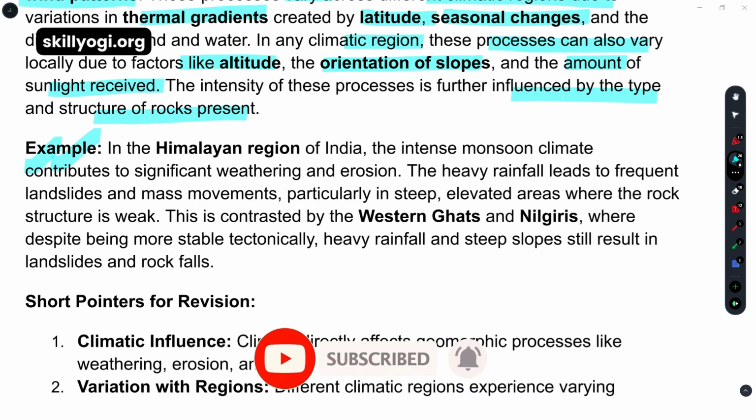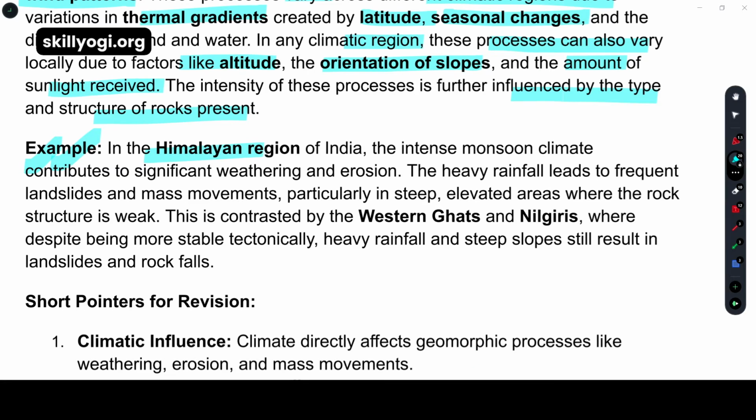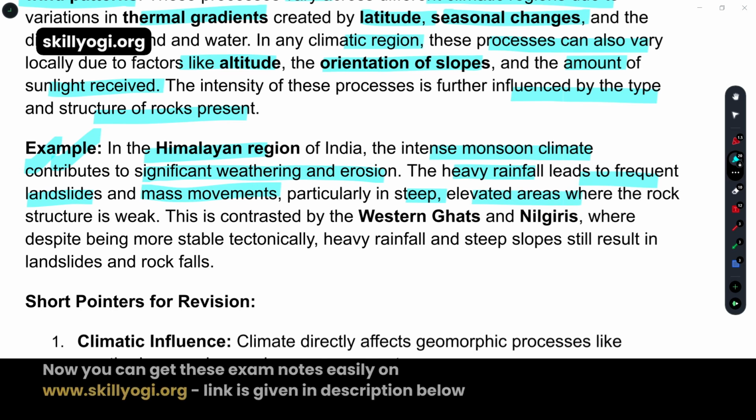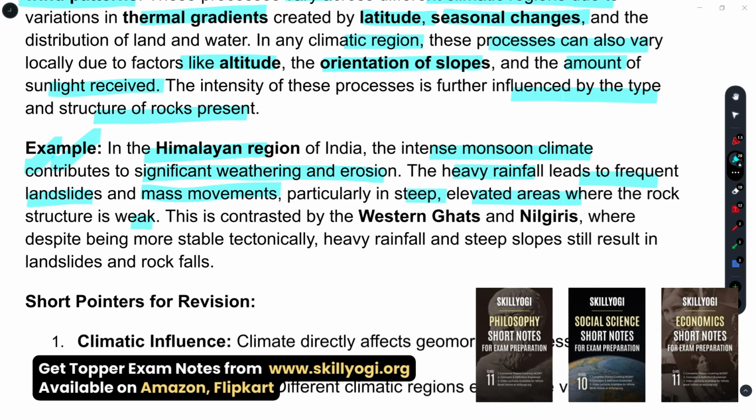So from the above paragraph, what we have learned, for example, in the Himalayan region of India, the intense monsoon climate contributes to significant weathering and erosion. So the heavy rainfall leads to frequent landslides and mass movements, particularly in steep and elevated areas where the rock structure is weak.